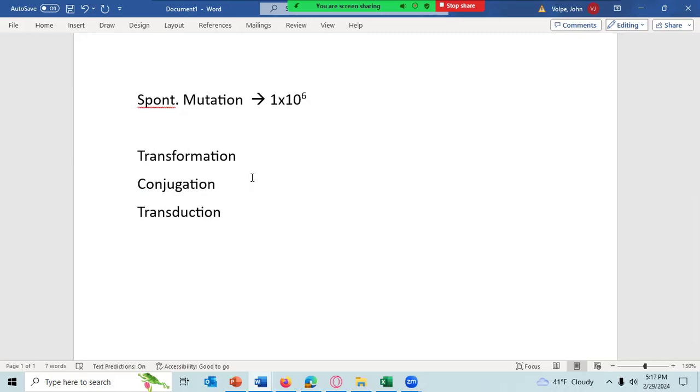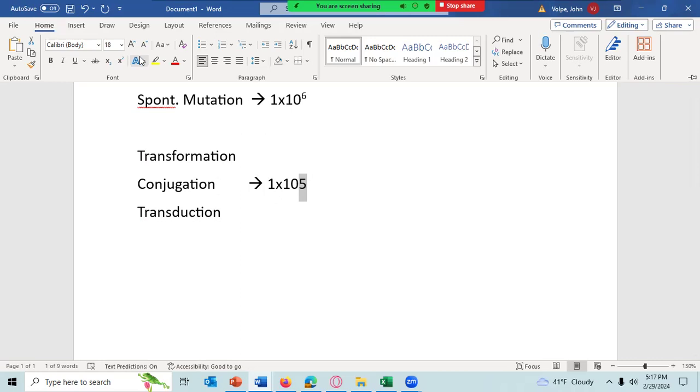I'm going to be a little speedy here and only do it one time. Transformation, conjugation, and transduction in at least gram-negative cells, maybe gram-positives as well, will happen about 1 in 10 to the 5th cells, meaning that they will happen 10 times more frequently than spontaneous mutation.